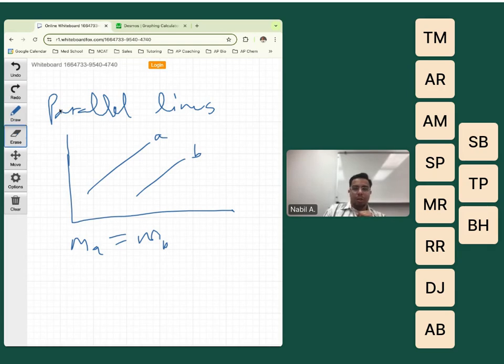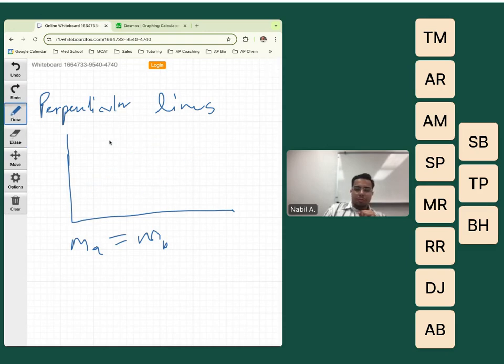Now, with perpendicular lines, we have lines A and B, and they cross at one point. This is something that you are expected to know for the SAT.